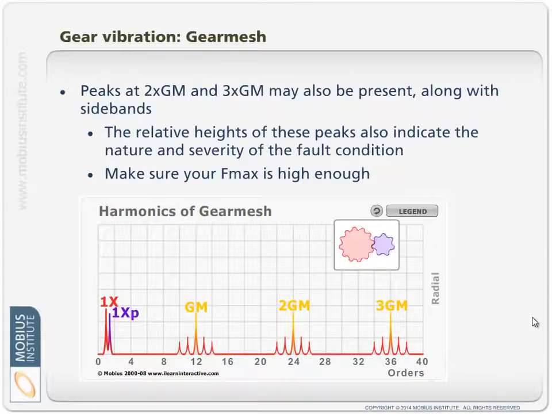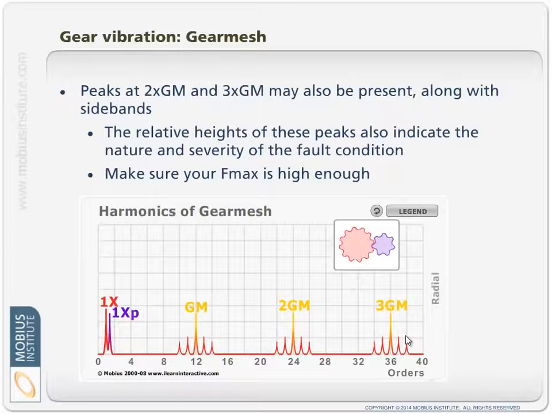I would always recommend that you also look at the time waveform. I'll talk a little bit more about that in a moment, but at the very least your Fmax, the maximum frequency displayed, which I have shown here as orders, multiples of the running speed, but whether you list it in hertz or CPM or in orders, either way it must span at least 3 times the gear mesh frequency, and you need it to be a bit higher so that there's room for these sidebands and so on.